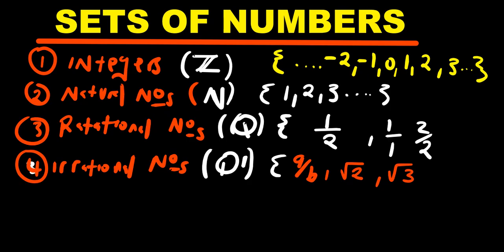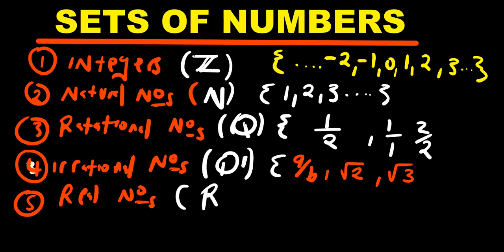Then you also have to understand what we call real numbers. The way we denote the symbol is with a letter that looks like that. So what are these real numbers?